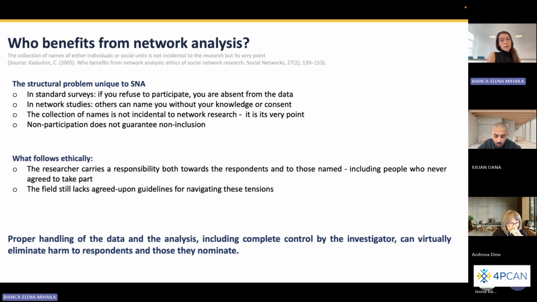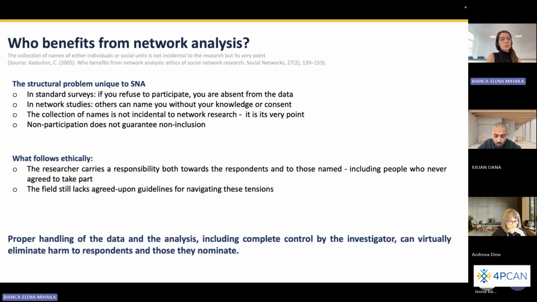There's another paper from Kadushin, who raises actually a very interesting question: who benefits from network analysis and from the results of network analysis?